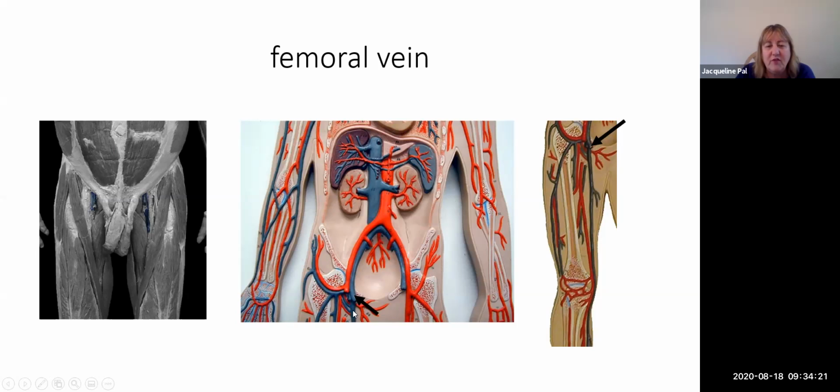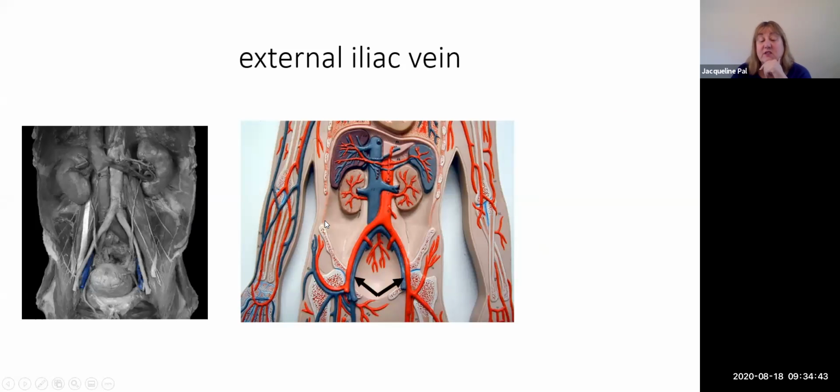And the femoral vein will be on the anterior thigh. It's always just medial to the femoral artery. And once it crosses the inguinal ligament, it will no longer be in the lower extremity and will be called the external iliac vein.